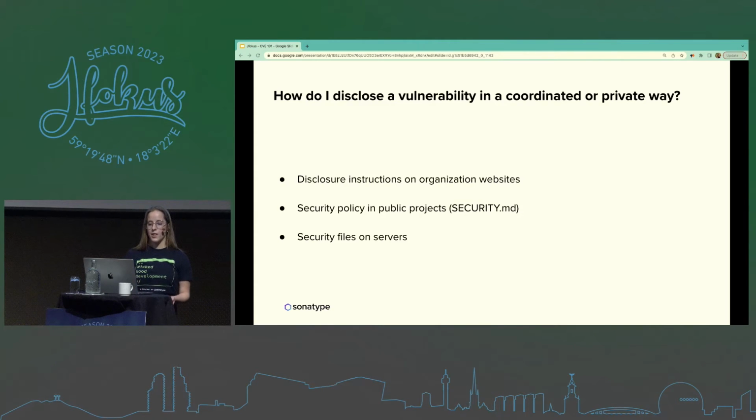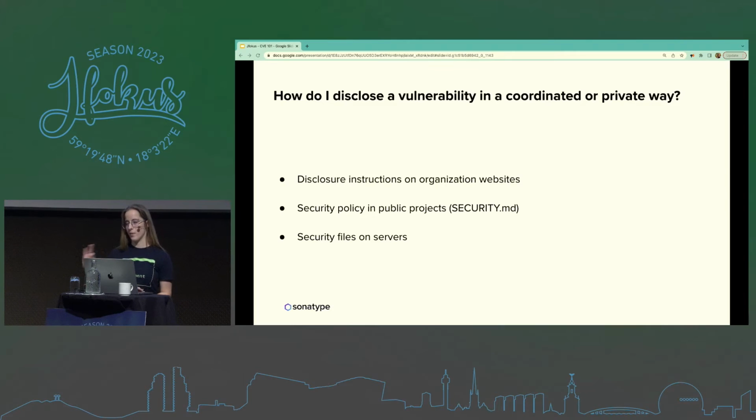For open source projects, more and more there are SECURITY.md files. A lot of projects are pretty good about this, but a lot also aren't. So that's something to keep in mind as you're developing potentially open source software. Often there's also a security text file on a server. So if a researcher goes in and hacks into your server, then they can say, oh, here's how I can report how I did this, assuming that's something they would like to do.